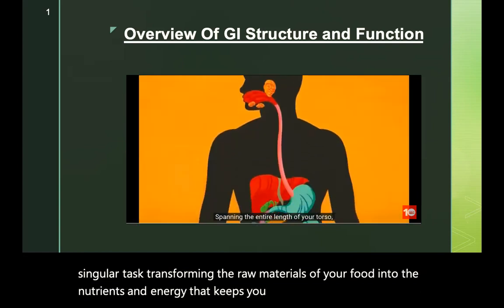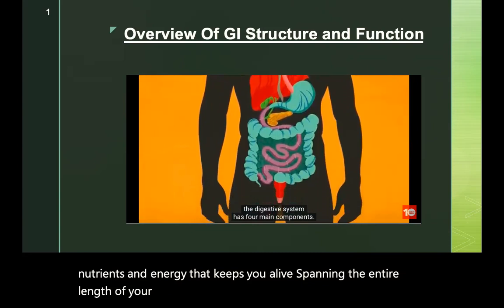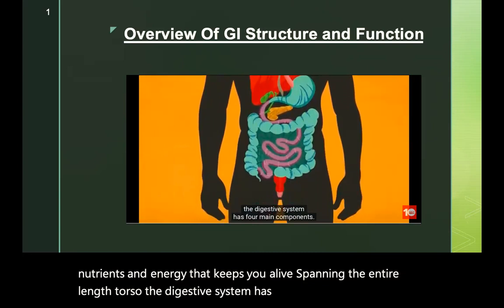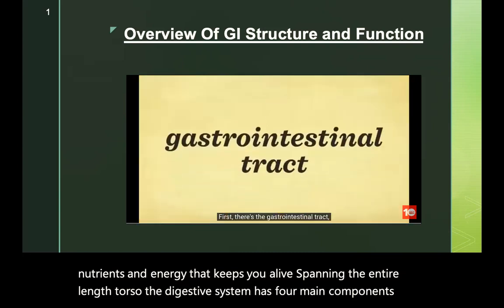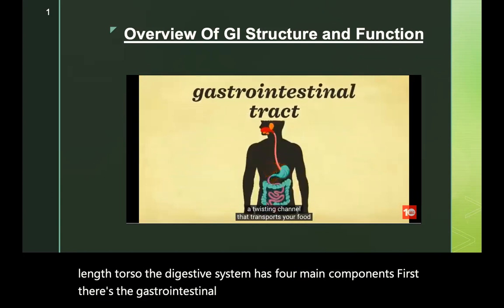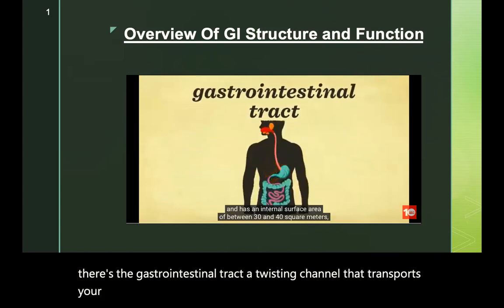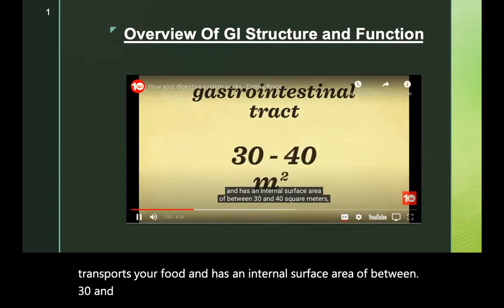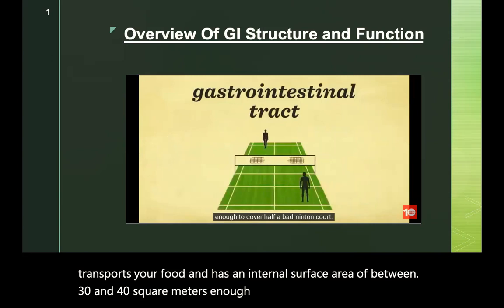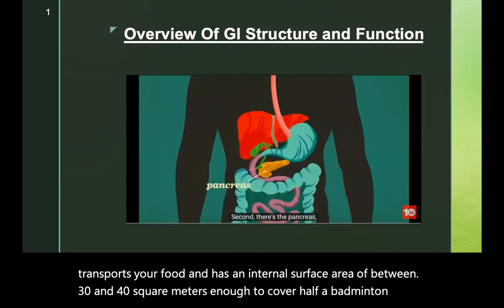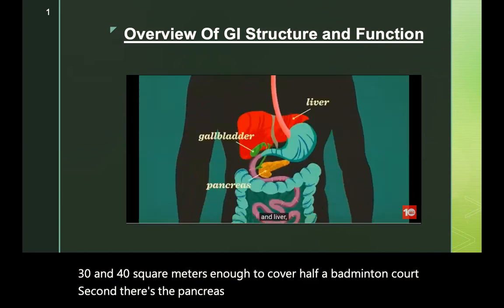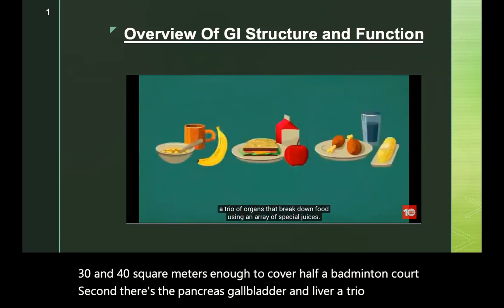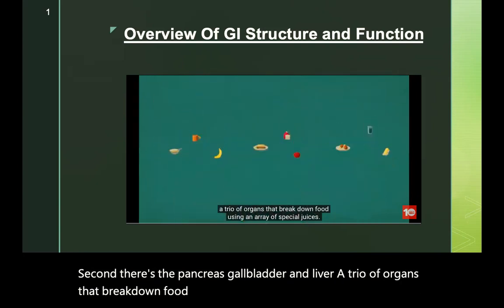Spanning the entire length of your torso, the digestive system has 4 main components. First, there's the gastrointestinal tract, a twisting channel that transports your food and has an internal surface area of between 30 and 40 square meters, enough to cover half a badminton court. Second, there's the pancreas, gallbladder, and liver, a trio of organs that break down food using an array of special juices.